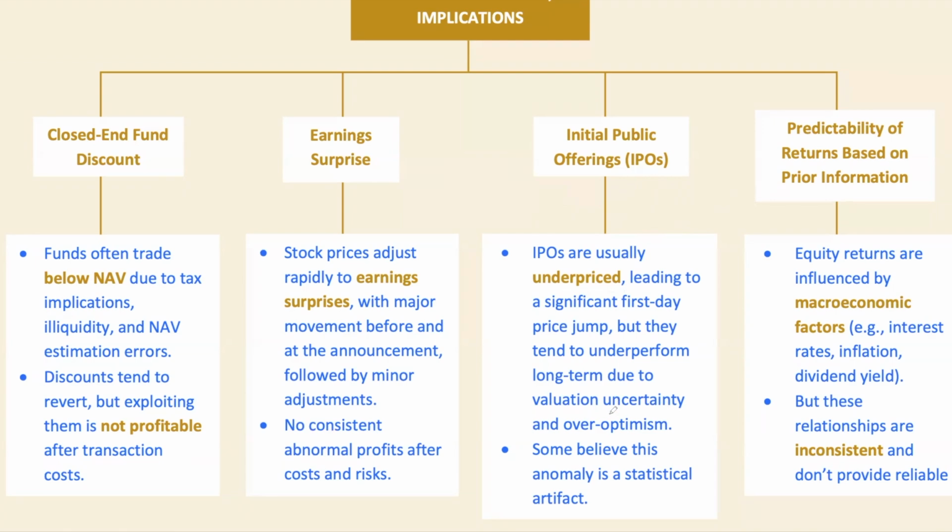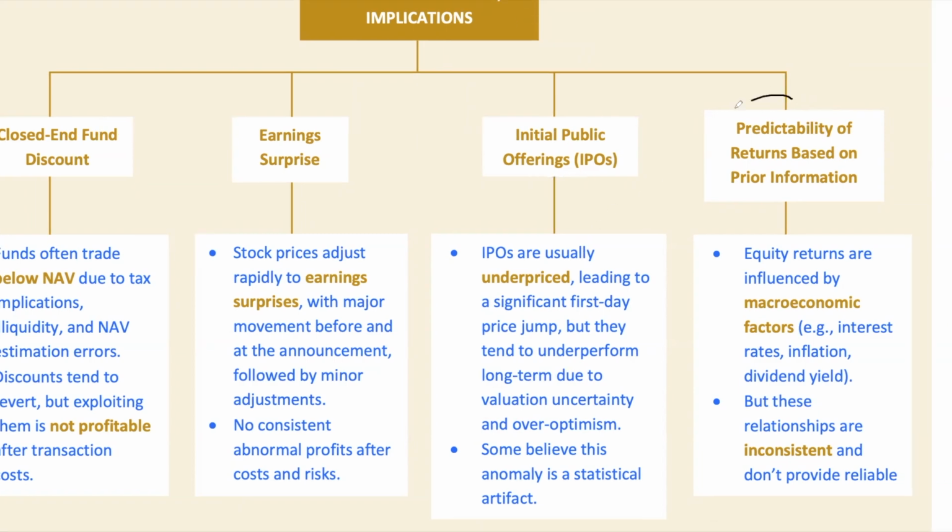But remember, not everyone can get that allocation. Then, over the long run, many IPO stocks underperform. Possibly it's because the initial mania is an overreaction and reality sets in later. Or it might just be risk compensation. Either way, it's not a straightforward anomaly you can easily exploit.